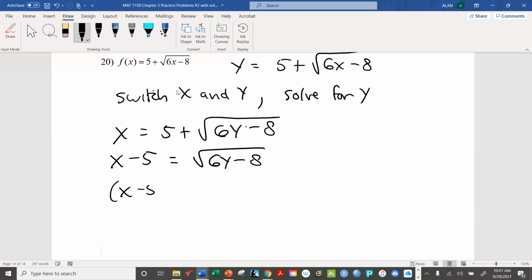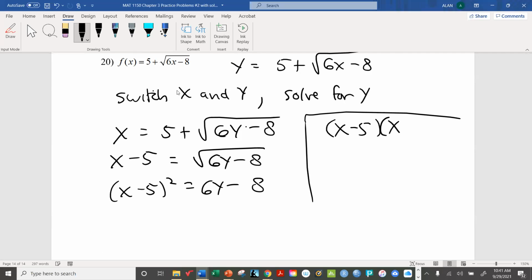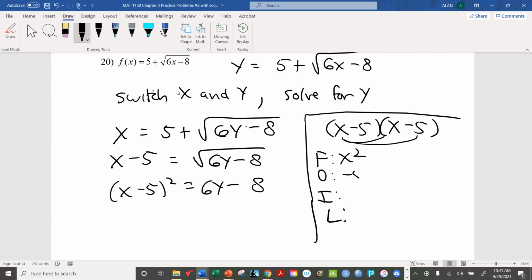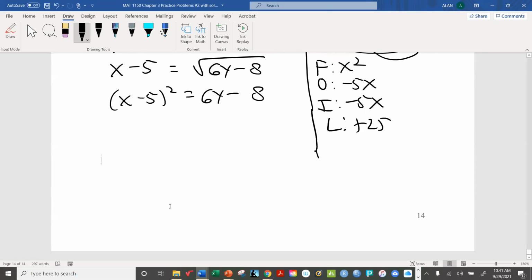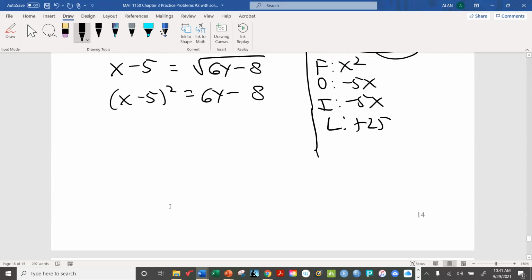So then I have to square both sides. And we'll come over here and do a FOIL on x minus 5. x squared minus 5x minus 5x plus 25 is x squared minus 10x plus 25.